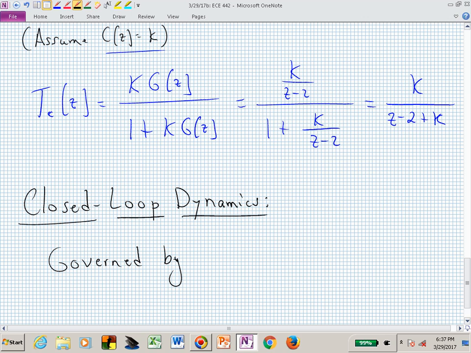They're buried in that denominator expression, aren't they? They're the values of Z that cause that to vanish. Those are the poles. So the closed loop dynamics are governed by 1 plus KG of Z, which is right there, and that now is giving rise to that denominator expression.